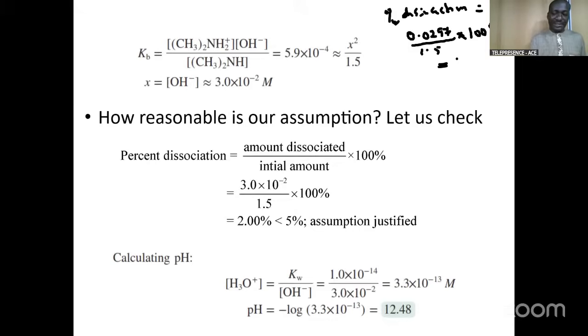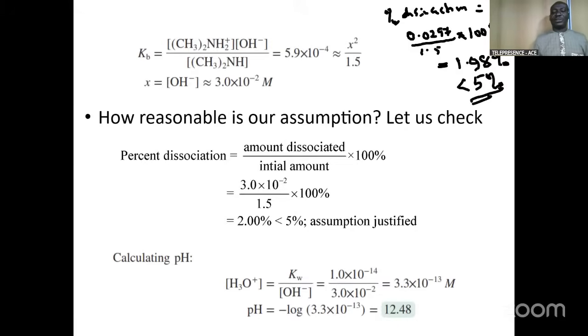Let's get the exact value so we don't just follow what's on the screen. That's 1.98%, which of course is far, far less than 5. And so that assumption is reasonable. So now that we have justified our assumption, that's a reasonable assumption.